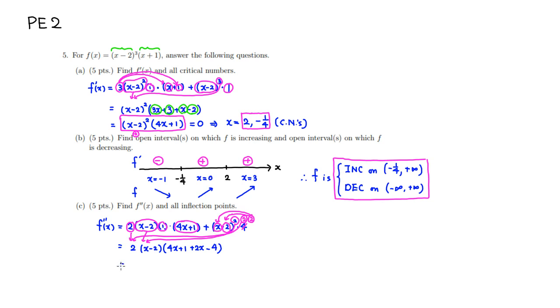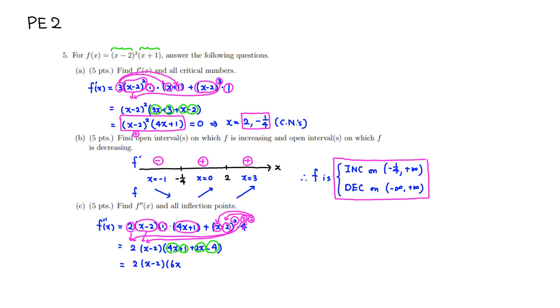Then if you clean it up, you're going to get this. This is going to be 2, and you have an x minus 2. We're going to combine like terms, 4x and then 2x. Combine that, you have 6x. Then we have a 1 and a negative 4.